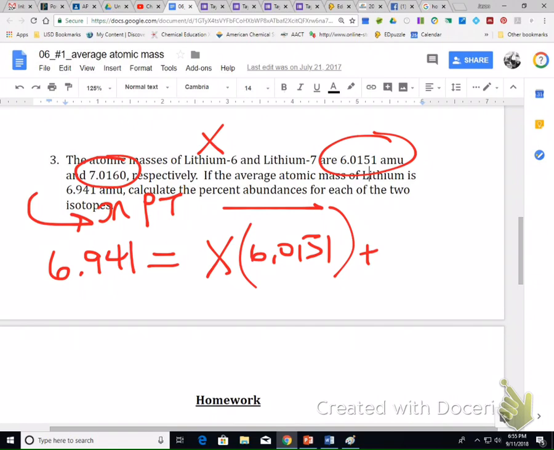There's only 2 of them, so their percents have to add up to 100%. So if one is X, then the other has to be 1 minus X. And then times the 7.0160.